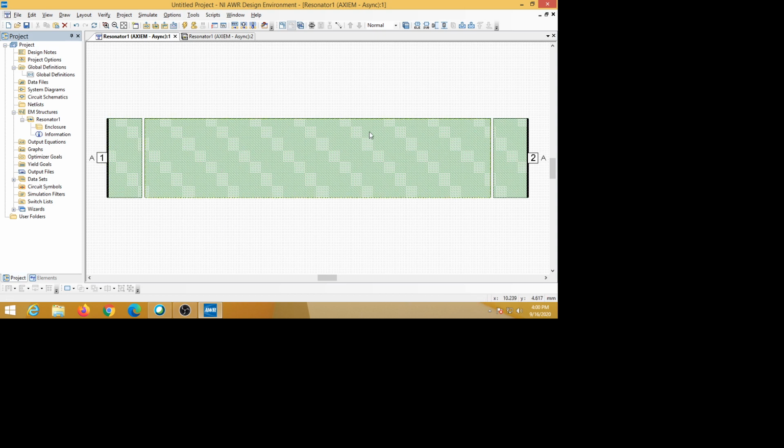We will be looking at S11 and S21: assume we are sending the signal here and looking at the output here, or we can send a signal from here and look at the output here. All four results will be there, and we can see whichever we want.